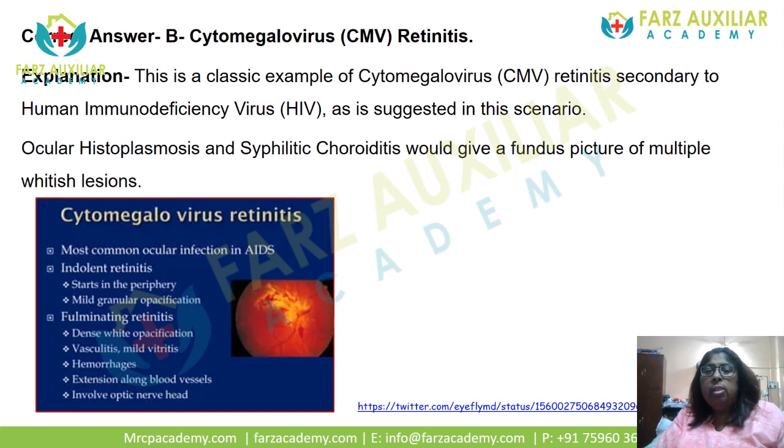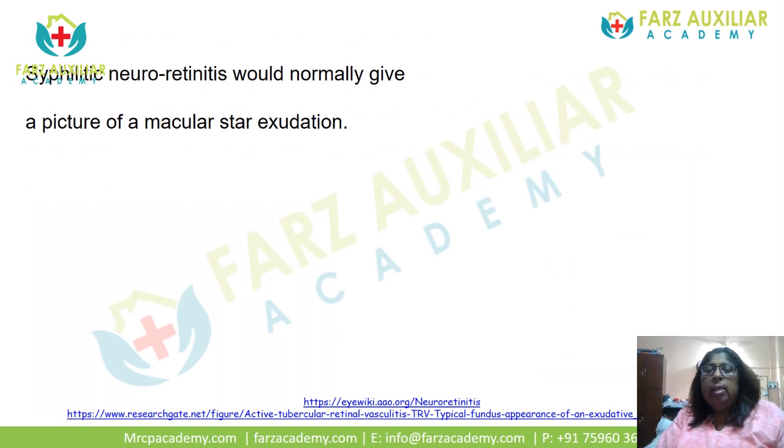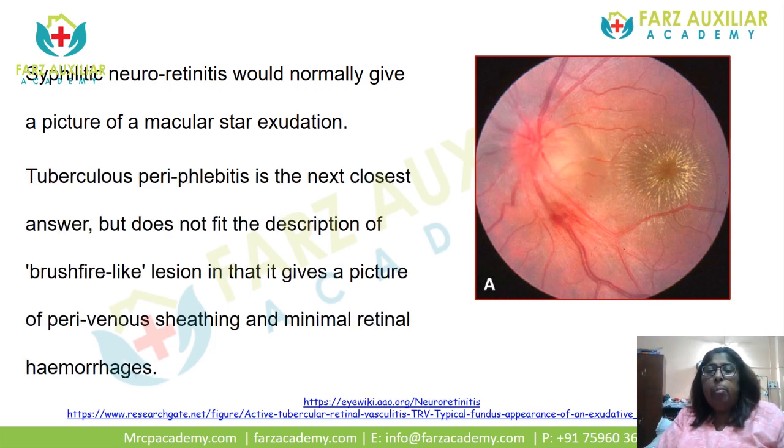Syphilitic neuroretinitis would normally give a picture of macular star exudation. Tuberculous periphlebitis is the next closest answer, but does not fit the description of brush fire-like lesion in that it gives a picture of perivenous sheathing and minimal retinal hemorrhages as seen on the right.